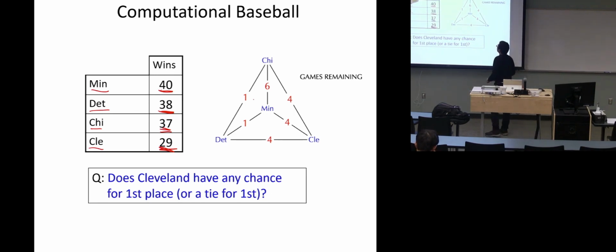And now this diagram says that this is the number of remaining matches between each team. Okay, so Cleveland and Detroit still need to play another 4 matches, and so on.